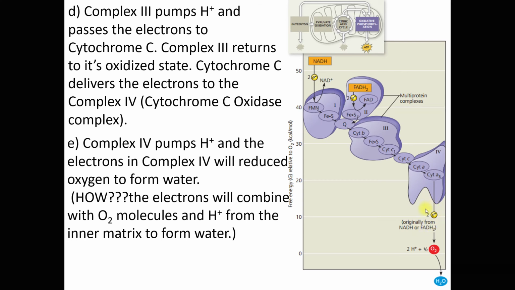Okay, so nampakah elektron ni dia akan reducekan oxygen ini to form water. Macam mana? The electrons will combine with oxygen molecules, okay, and hydrogen ions from the inner matrix to form water.